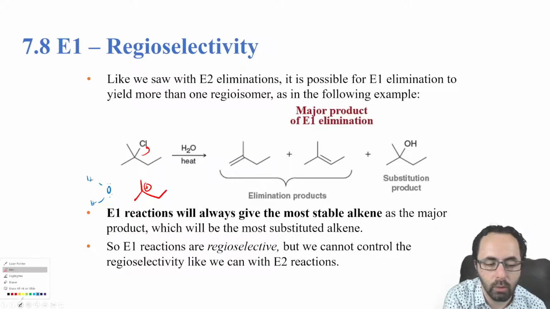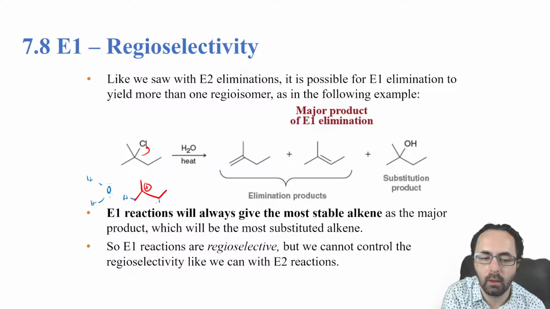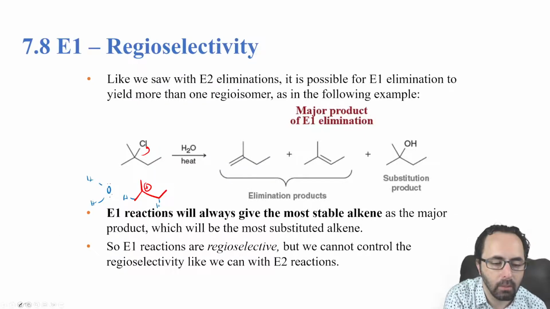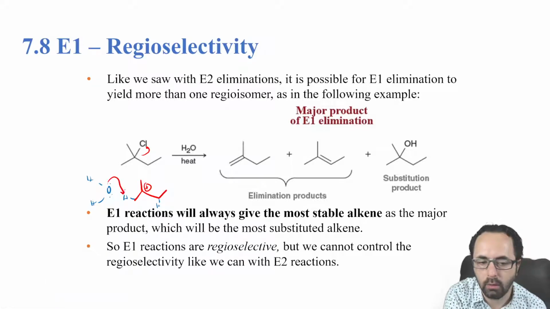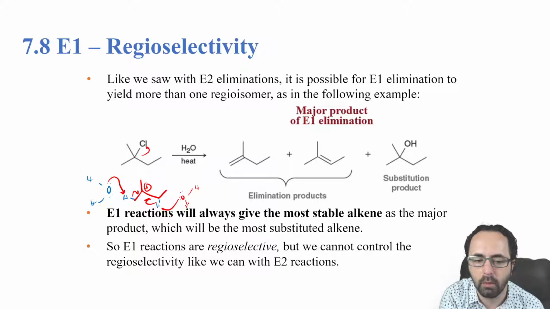So if we're talking about an elimination reaction, the water can come and take one of these hydrogens, or it can come and take these. When it does, there's a proton transfer, and then we get a double bond here, or if we have the water over here, it takes this proton and the double bond forms here. So those are the 2 possible spots for the double bond.